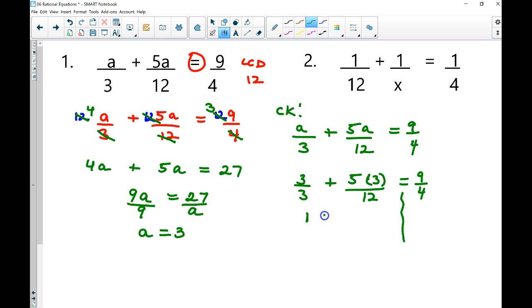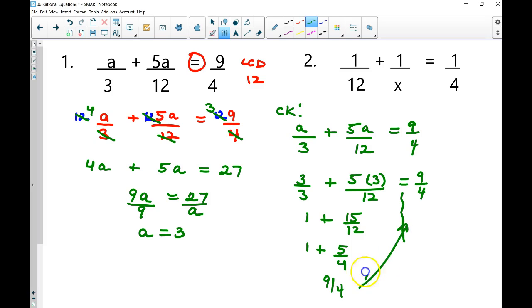So this becomes 1 plus 15 over 12, which is the same thing as 1 plus 15 over 12 reduces to 5 over 4. And if you add the 1 plus 5/4 in your calculator, you're going to get 9/4.